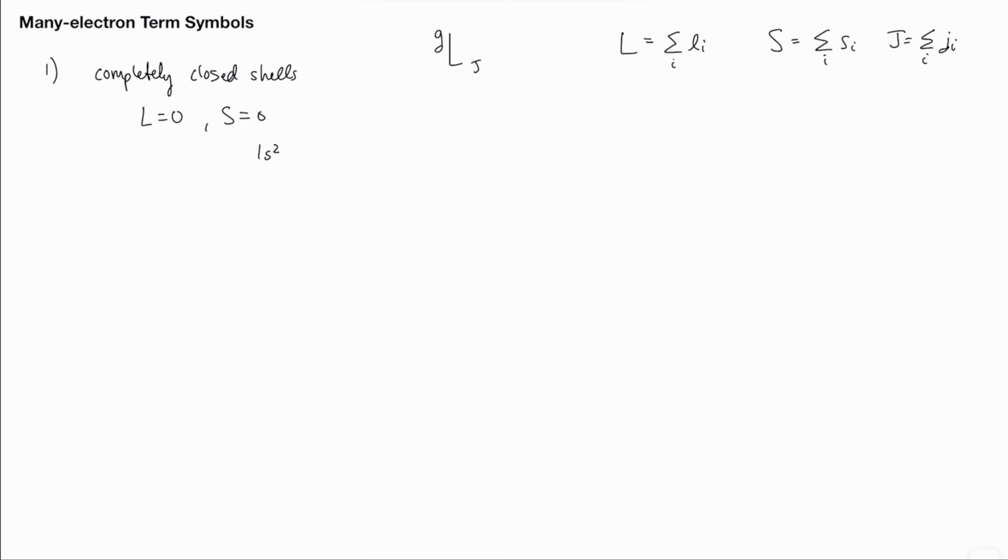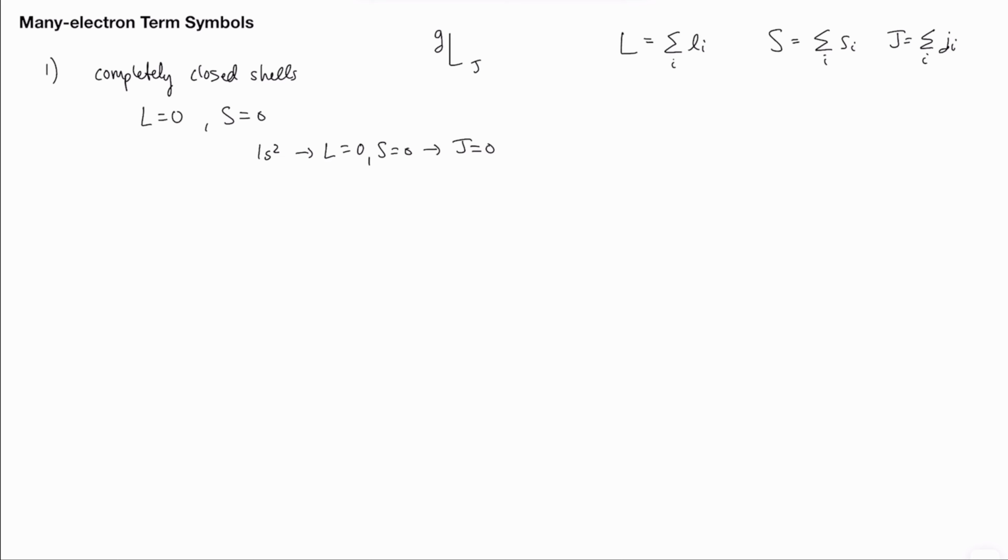You can have a spin up and a spin down that both have the 1s orbital. And so this is completely full, and so a configuration like this will always correspond to an L equals 0 and S equals 0. And because of the rules for everything else that follow, that means that this would also correspond to a J equals 0.